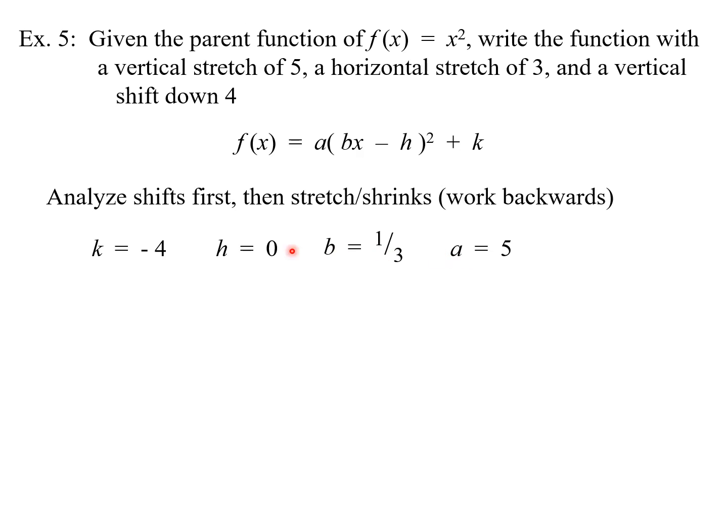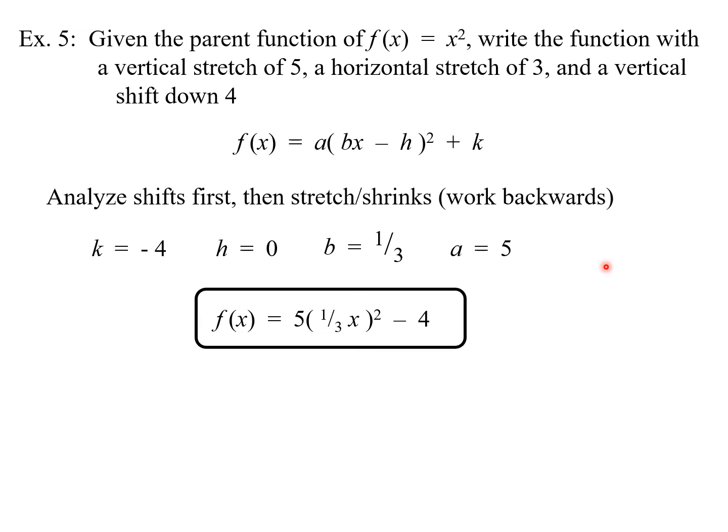So after identifying all the quantities, we can just insert them into the general function above, and we get this. And there's our answer. Now, note there was no horizontal shift, so I said h is equal to 0.